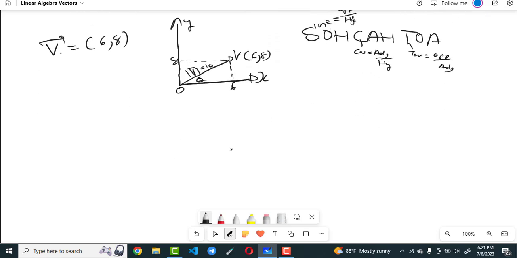In a vector space, especially in machine learning, we have a method that we use to find angles between two vectors.